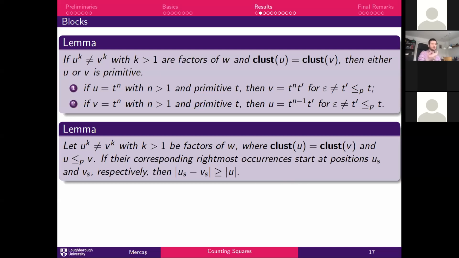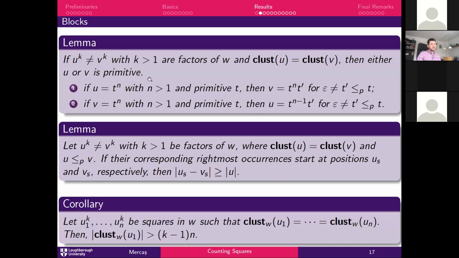Now, if you take this result and you use the previous lemma as well, what you get is that if you have a bunch of squares, such that there is a prefix order in between them, and their clusters are equal, then the length of the largest of the clusters, the base cluster, is going to be at least (k minus 1) times n.